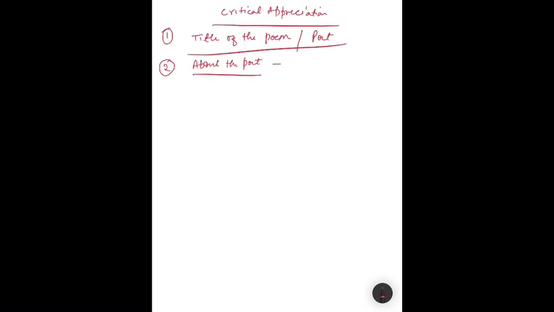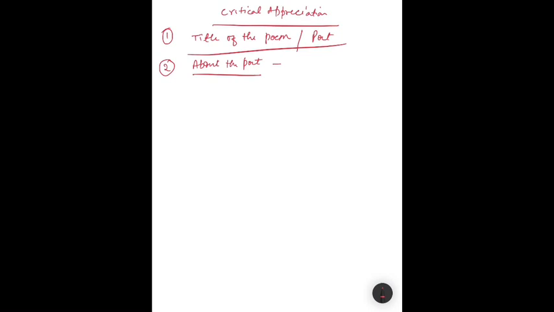For example, why On His Blindness was written, why The Prelude was written. So you must write something about the poet before coming to the context of the poem. That this poem was written, say for example, in the Jacobean age. This poem was written in the Elizabethan age, in that particular situation.